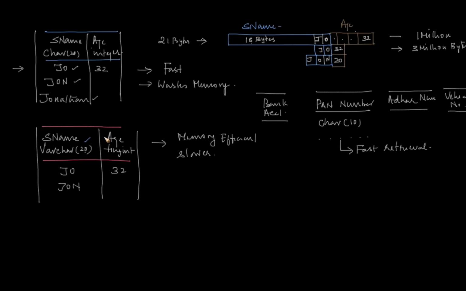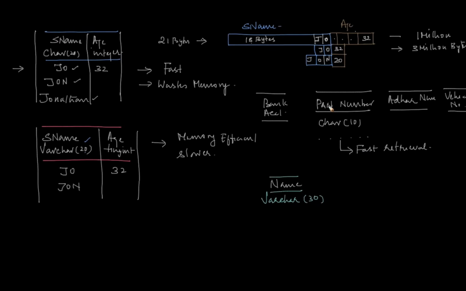In cases where we don't know, like name, for example, some people will have small names, some will have very big names. So here we don't know how much space we need. In cases like this, you can go for varchar. And people never retrieve data based on your name.